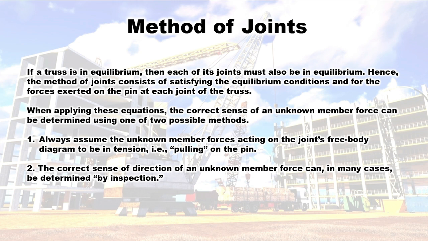If a truss is in equilibrium, then each of its joints must also be in equilibrium. Hence, the method of joints consists of satisfying the equilibrium condition for the forces exerted on the pin at each joint of the truss. So that is your method of joints.